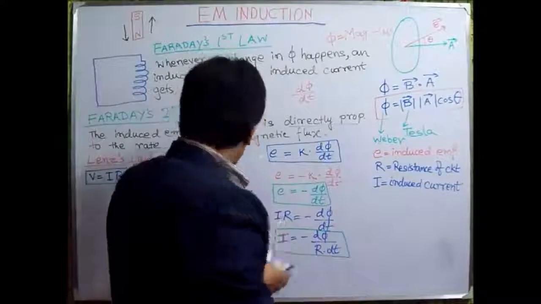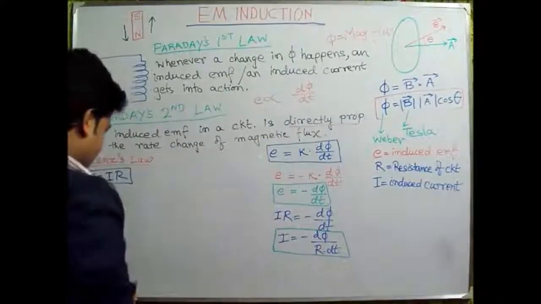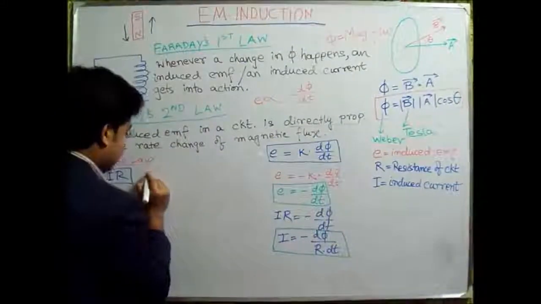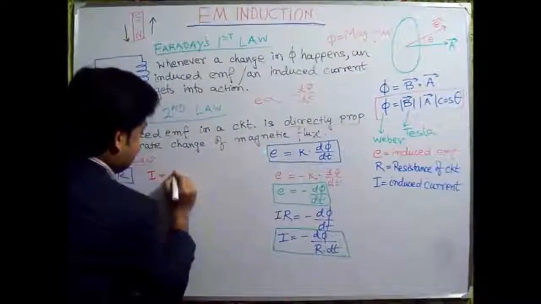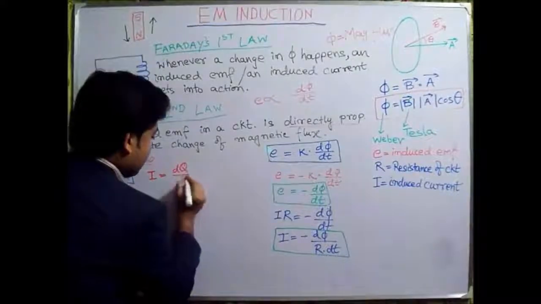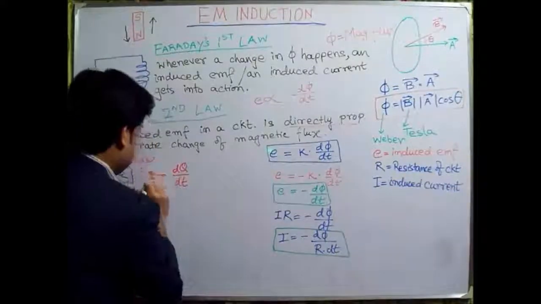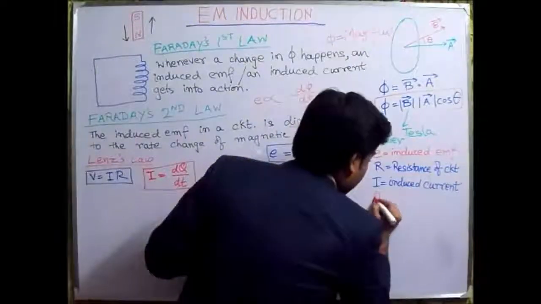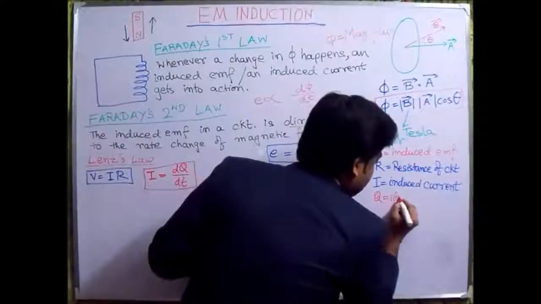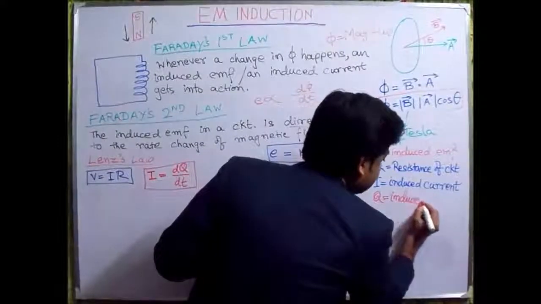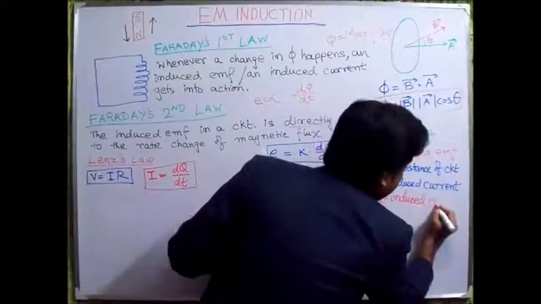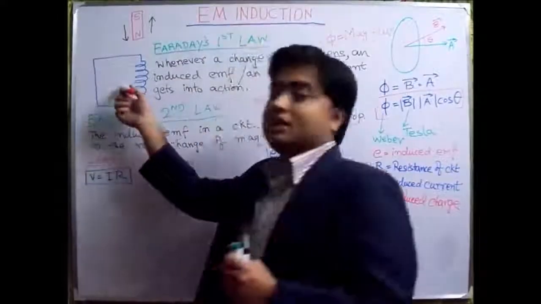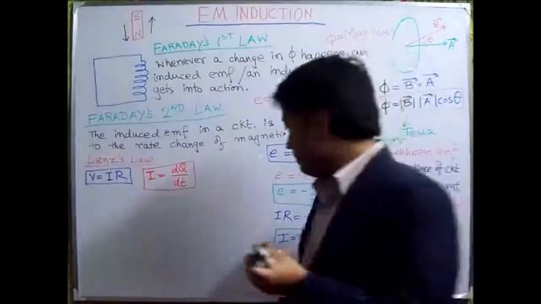Now we know another formula, that this I could be stated as dq by dt, where Q is the induced charge. The charge which has been induced in this circuit is dq.